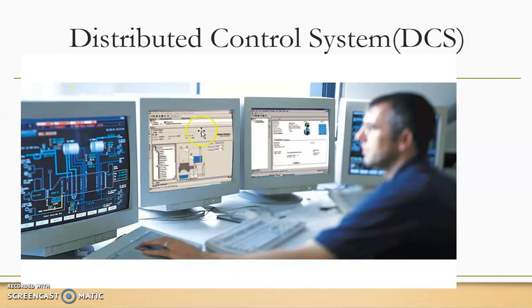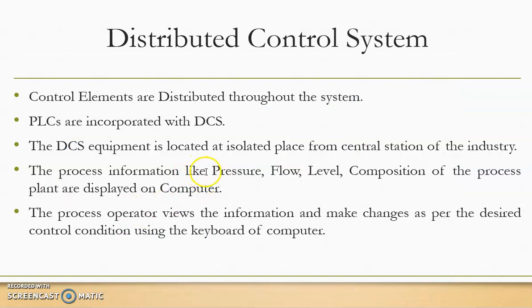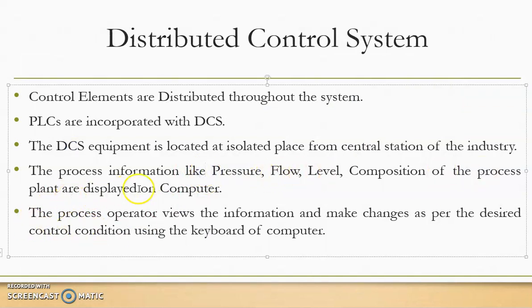The distributed controller can provide the information through PLCs, and this operator can see the data and will have good control on each and every piece of equipment throughout the plant. He can adjust the temperature, pressure, flow and composition, which are displayed on this computer. The process parameters that are viewed, that is pressure, flow, composition, he can adjust and change as per the requirement.